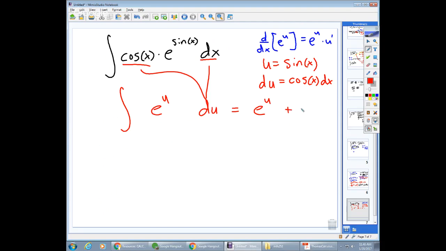And then we have plus c. So reverse substituting, e to the sine of x, and then plus c would be a general antiderivative, which is also called an indefinite integral.